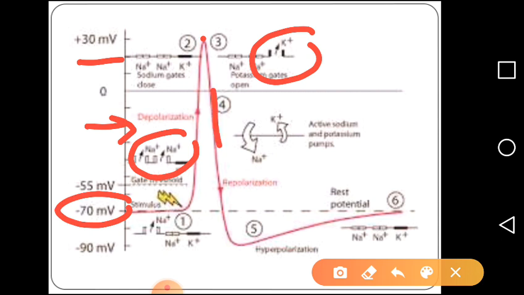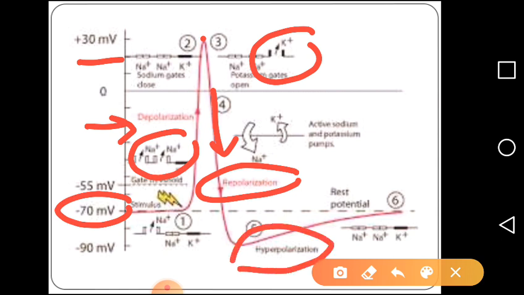This will cause a reduction in the voltage. This leads to repolarization. And sometimes the inside of the cell becomes even more negatively charged, and this leads to hyperpolarization. In this, the voltage may reach minus 90 millivolt. After hyperpolarization, again the resting potential is achieved. Do draw this graph in your copies and practice it, because it is really important.